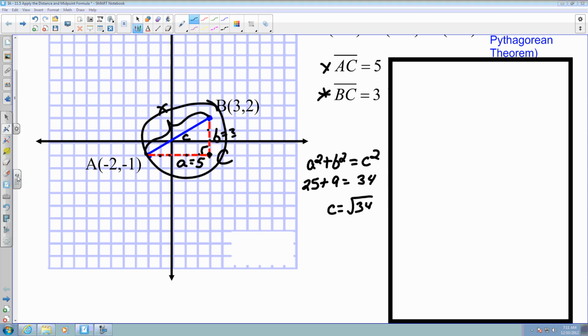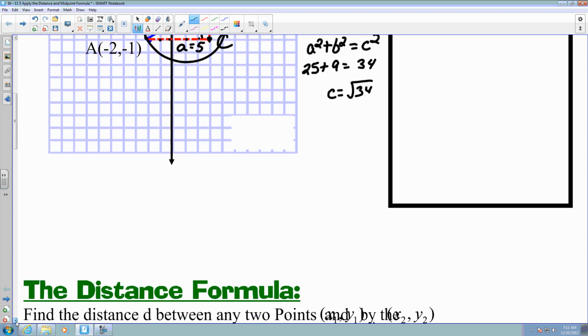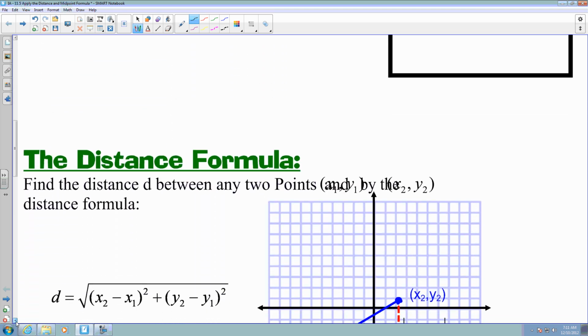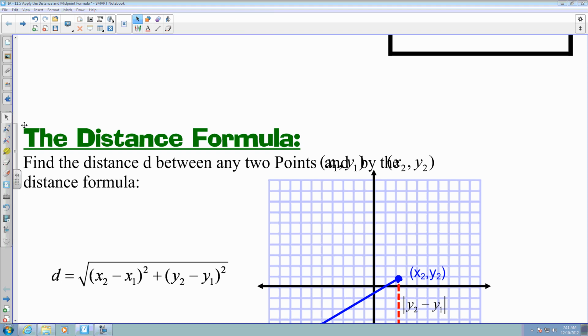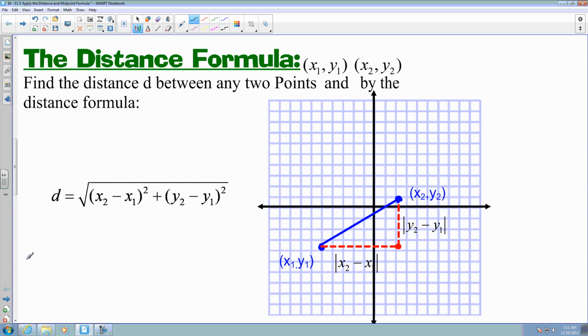But there is a general equation that'll help us use the distance formula. So if we have 2 points, which are x1 and y1, and x2 and y2, by using the distance formula, we can say that D equals the square root of x2 minus x1 quantity squared plus y2 minus y1 quantity squared.